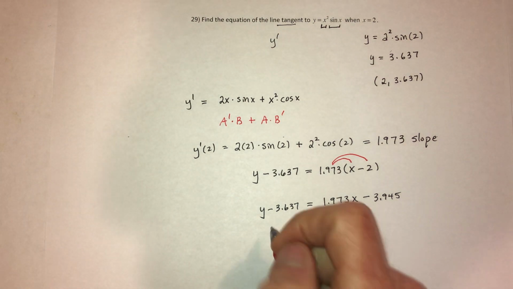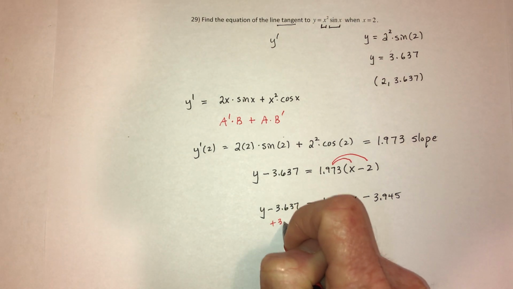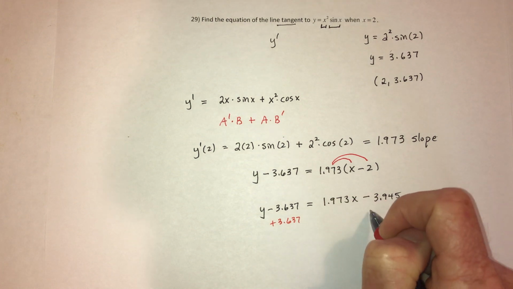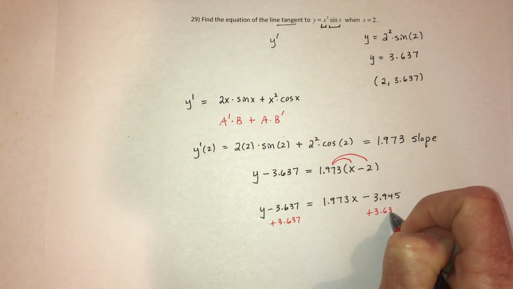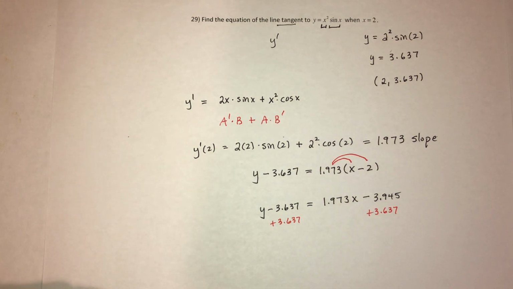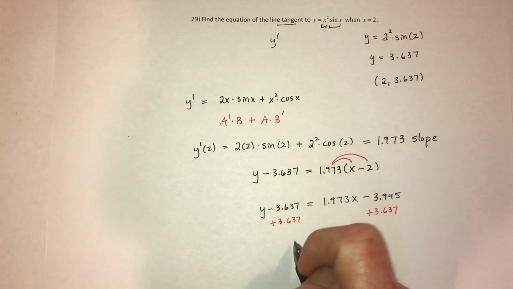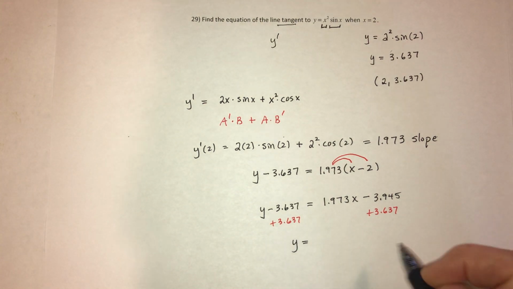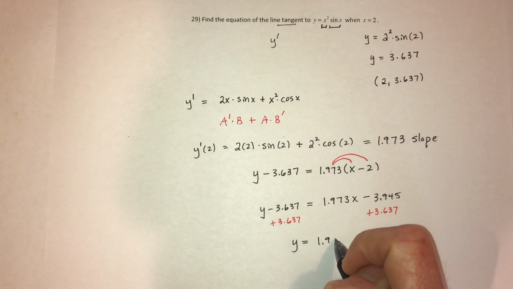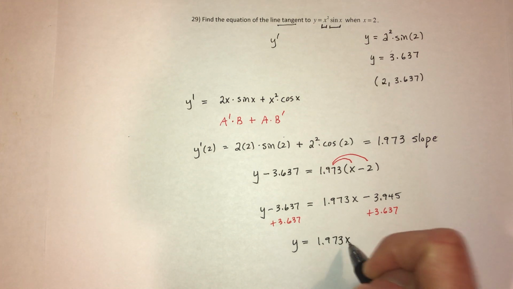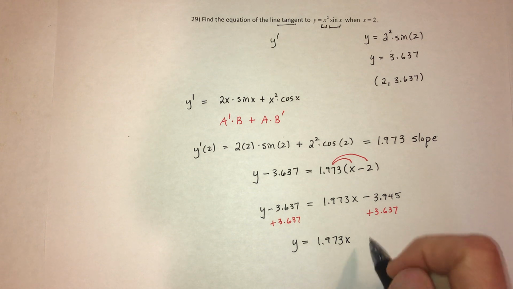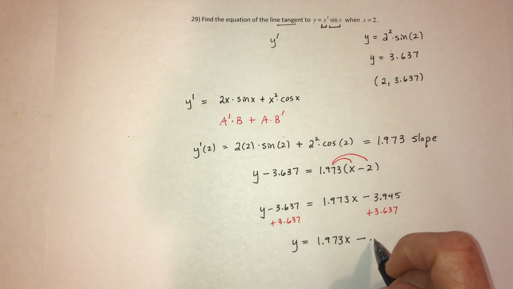And then the last step would be to solve for y, just add 3.637 to both sides. Hold on, let me write down this part first. Which leaves behind a negative 0.308.